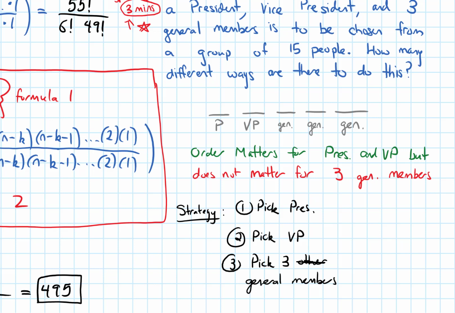Okay. So for the president, there's 15 total people in the group. So there's 15 ways to choose who's going to go in that first slot for the president. And then once I've picked who goes in that first slot, there are 14 ways to choose the VP, the vice president, based off of that.